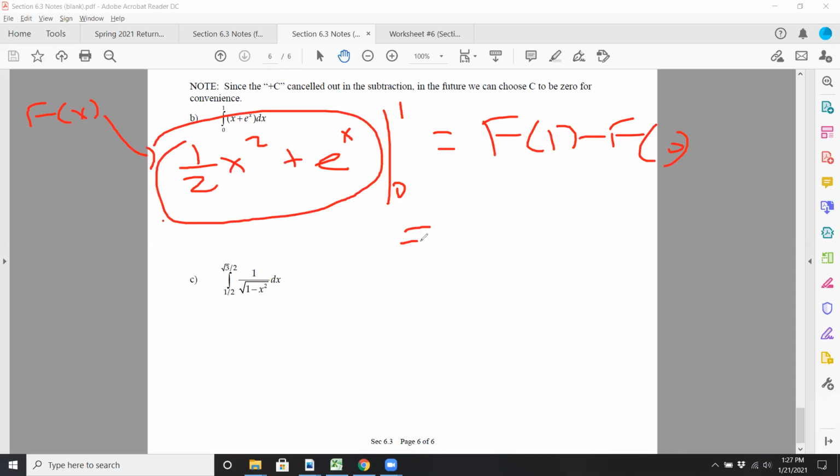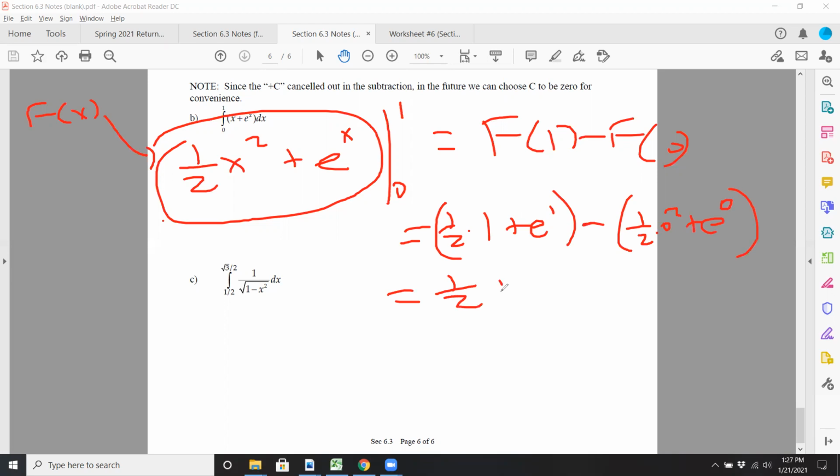Well, if I do capital F of 1, I get 1/2 times 1 plus e to the 1 minus, if I plug in 0, 1/2 times 0 squared plus e to the 0. So 1/2 plus e minus, and then that just goes away, but e to the 0 is 1. So you get e minus 1/2.